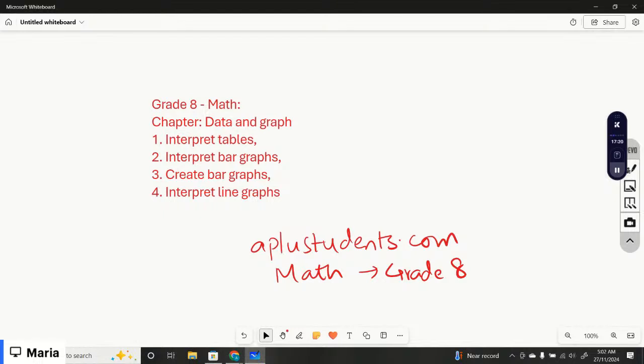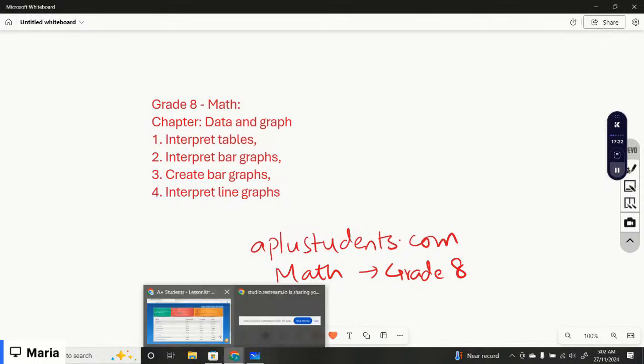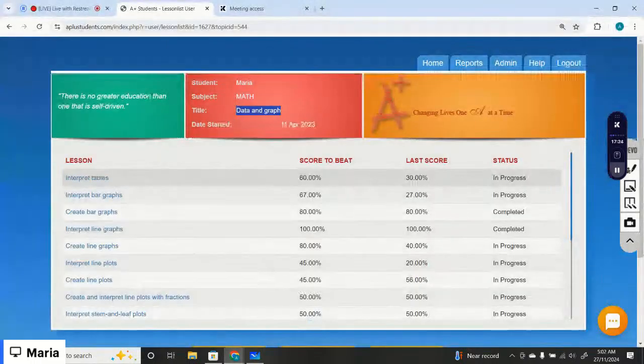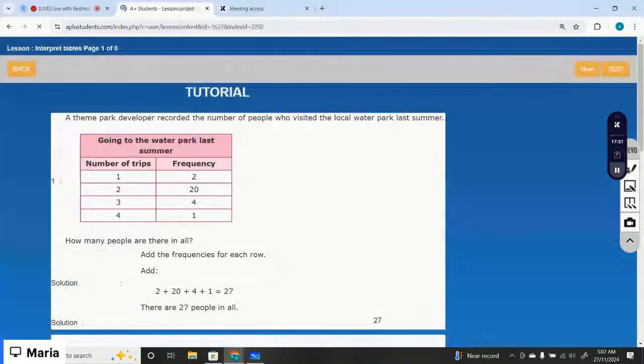So please make sure you have your notebook and pencil so that you can note down the important definitions as well. Let's just start with the first lesson, that is interpret tables.